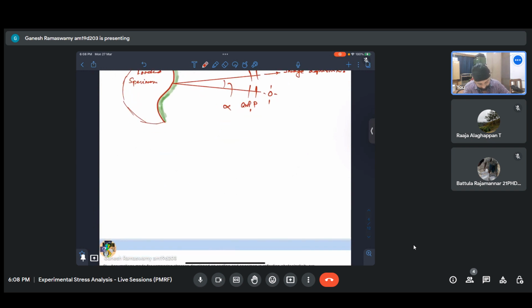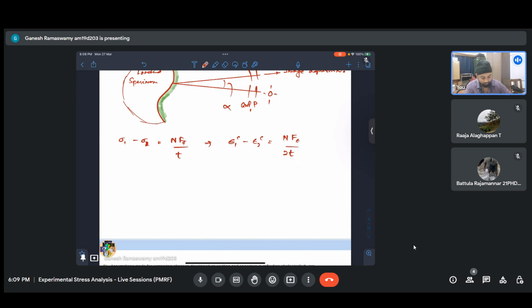Anyway, from the basic principle, we have sigma 1 minus sigma 2 as nf sigma by t from the stress optic law. Similarly, we will have a strain optic law: epsilon 1c minus epsilon 2c will be given by nf epsilon by 2t.